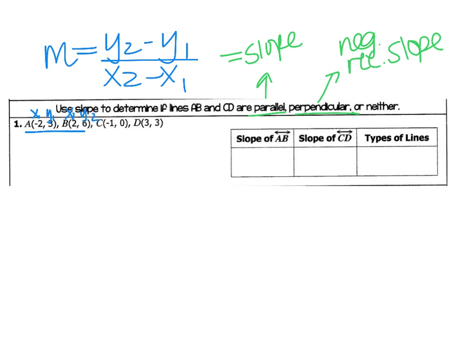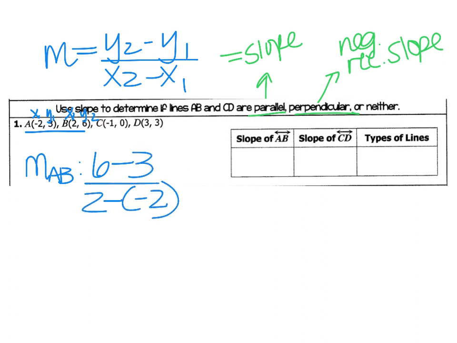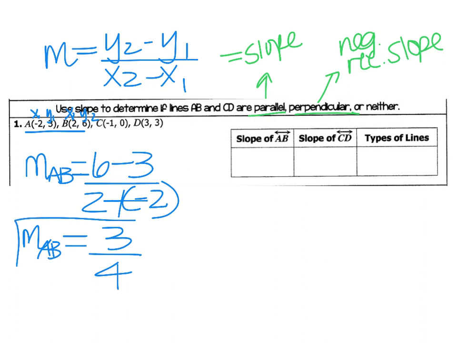So to find the slope of AB, we say 6 minus 3 over 2 minus negative 2. Okay, then we keep simplifying this. We get 3 over, this becomes plus, so 3 over 4. So the slope of AB is 3 over 4.